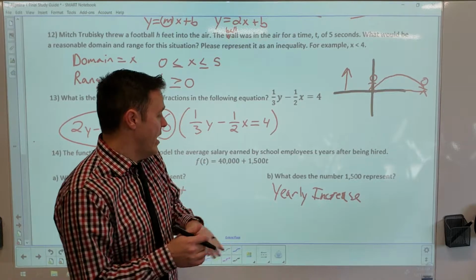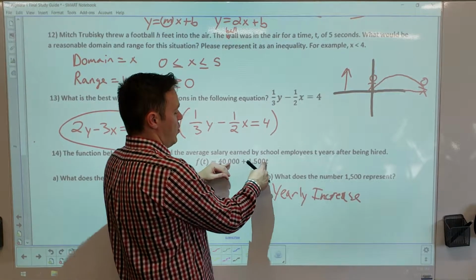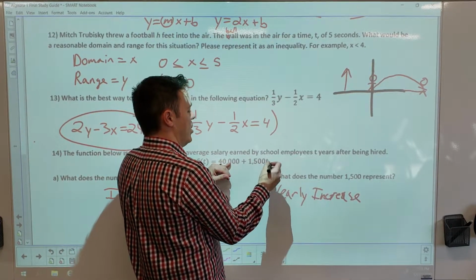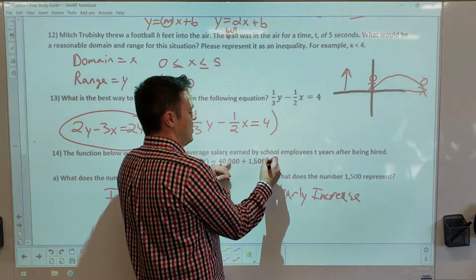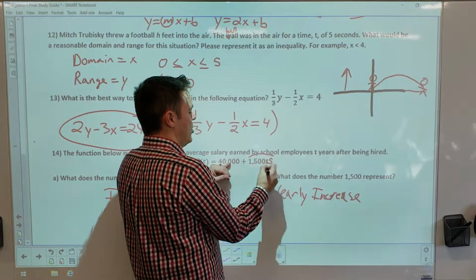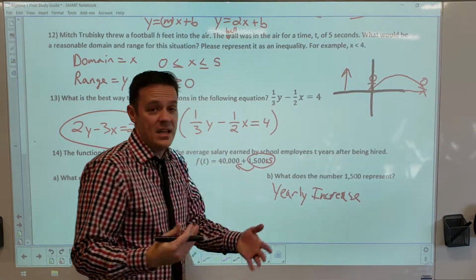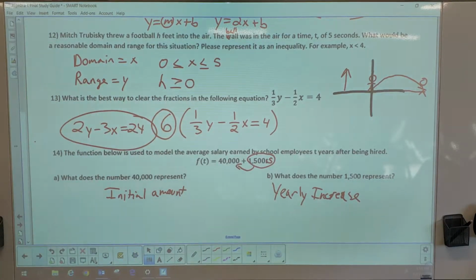If you guys know that I start at this, every year I work, I get this dollar amount. So if I worked 5 years, I would replace this T with a 5, multiply this, and then add it into that, and then you get your yearly salary.